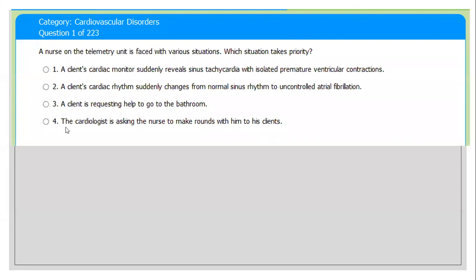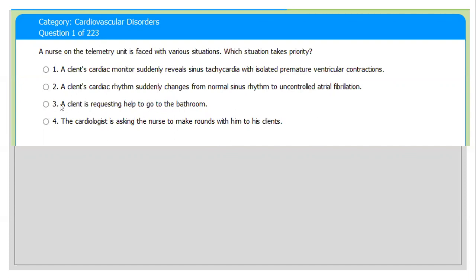Out of the four patients, which patient is the most important, the priority you have to check first? Let me tell you. Number three, if the patient is late to go to the bathroom, he or she will not die.